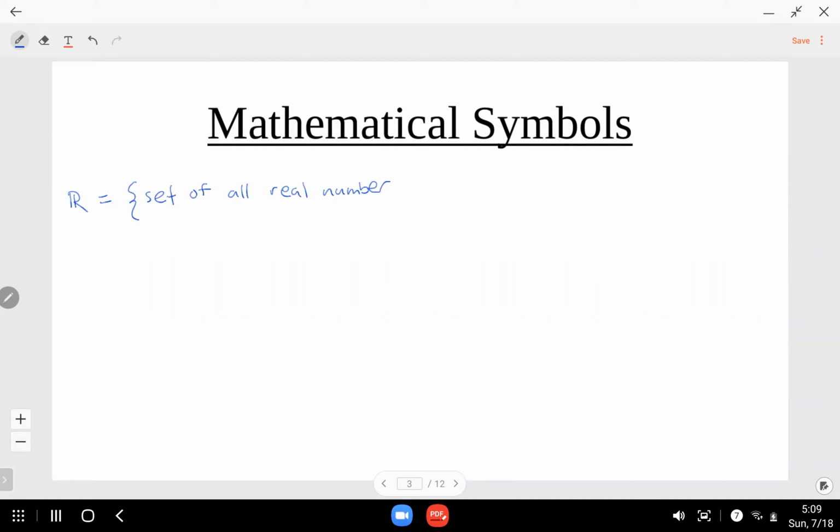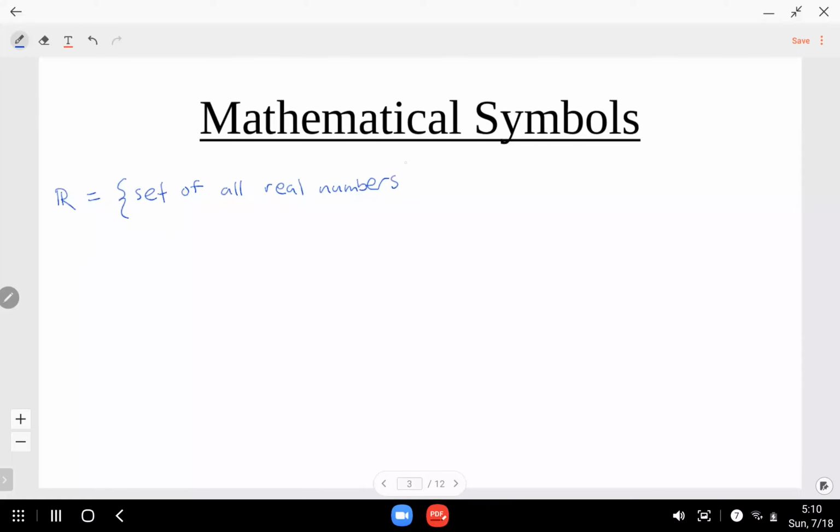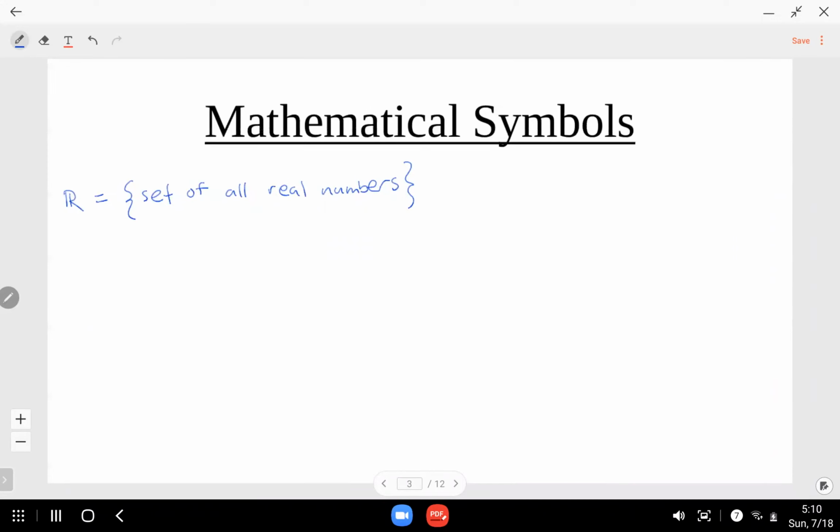It's just easier to use mathematical symbols when you're talking about things fast. You're going to learn these later on anyway, so might as well learn them now. And also, if you use mathematical symbols, they make you look smarter. That's the main reason, though.